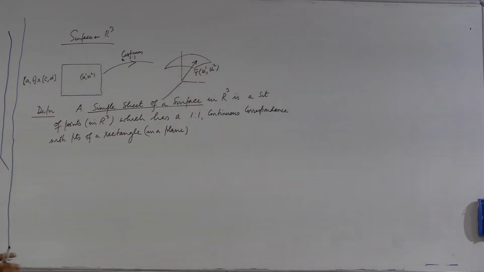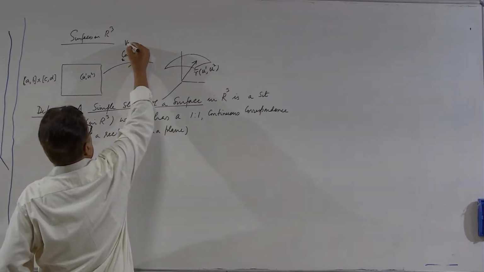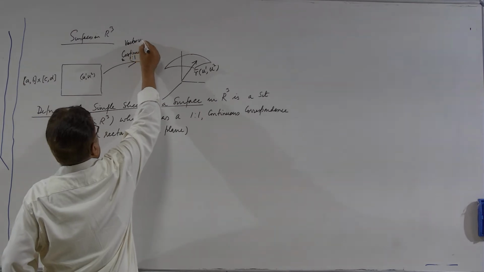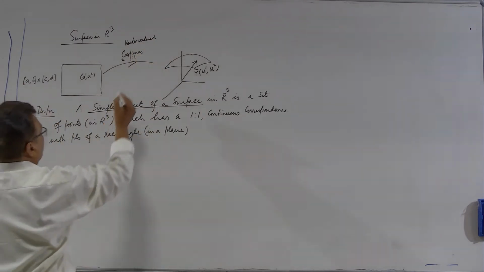So, the position vector of the arbitrary point of the surface will be a vector valued function, a vector valued continuous one to one function.